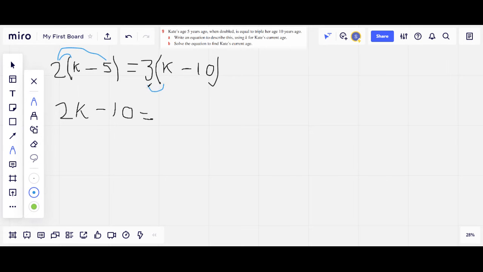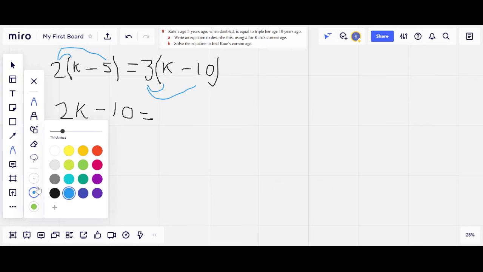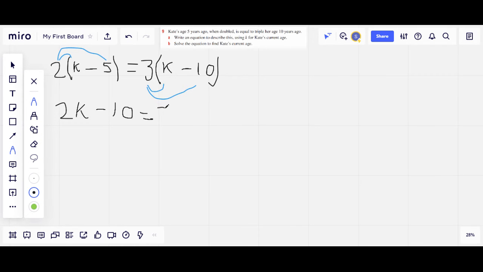So we multiply by there and multiply by there. That'll give us 3K minus 30. So that minus stays the same. We don't change that sign because this is a positive on this side here. Same for both of them.